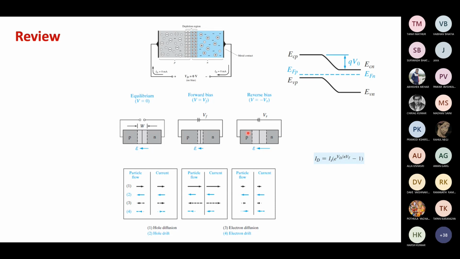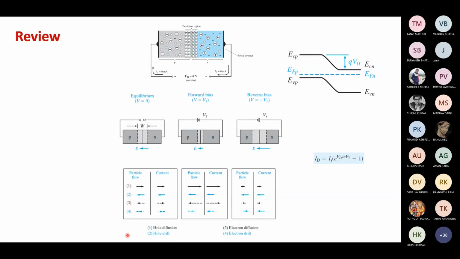So the point here is that the solar cell essentially works on the drift of electrons and holes, the carrier drift, at the center of its mechanism.